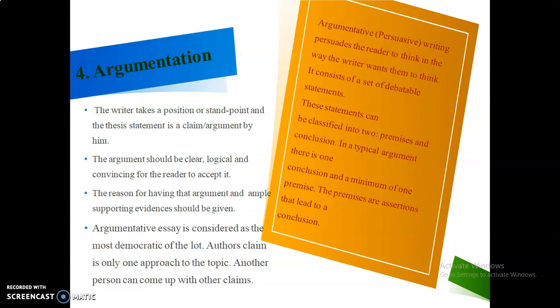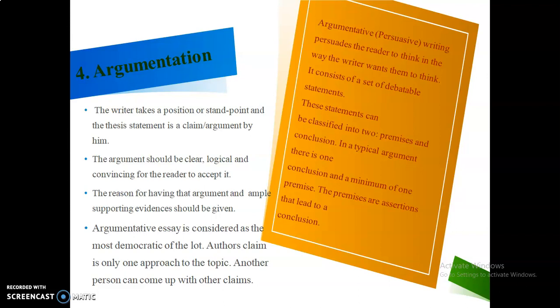Obviously, when we write an academic essay, we are putting forth our own idea, and we want our readers to believe that idea. So argumentative or persuasive writing is the best suited for this particular purpose.